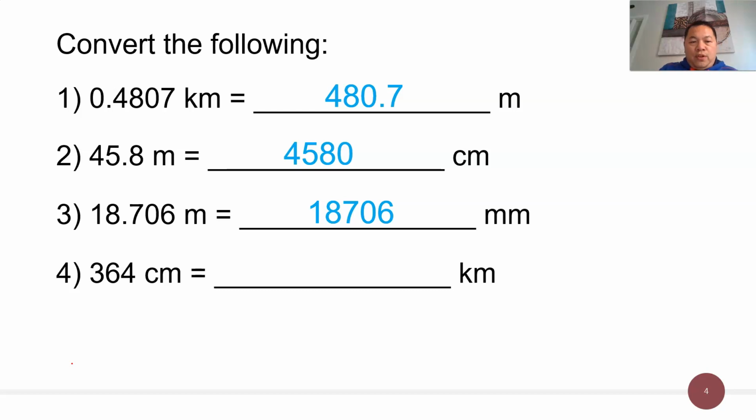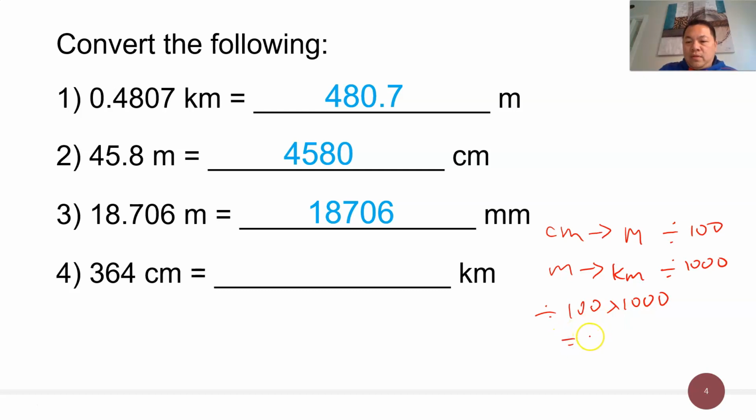Oh no. So for this case, because cm to meters, you have to divide by 100, and meters to kilometers, you got to divide by 1000. So in total it will be divided by 100 times 1000, which equals 100,000.